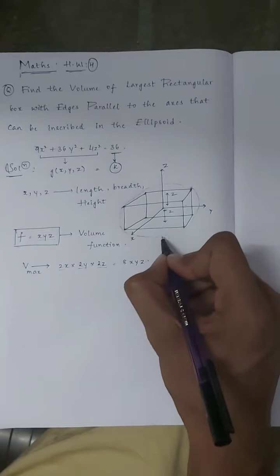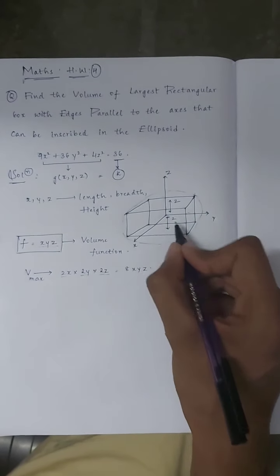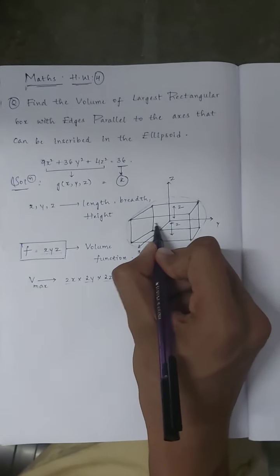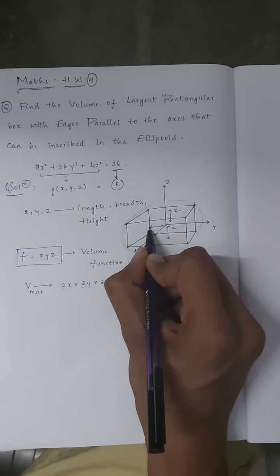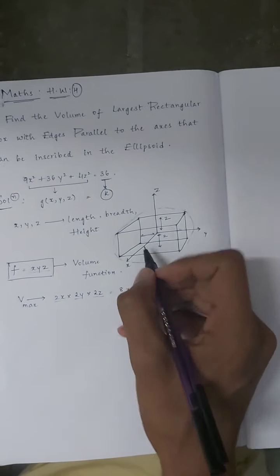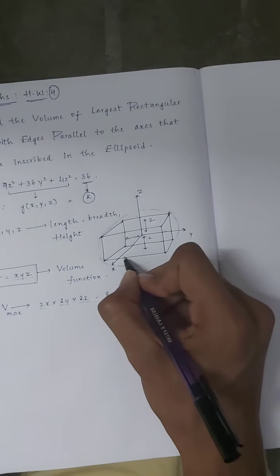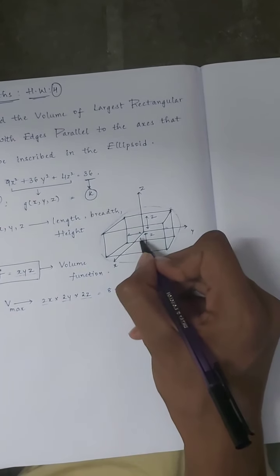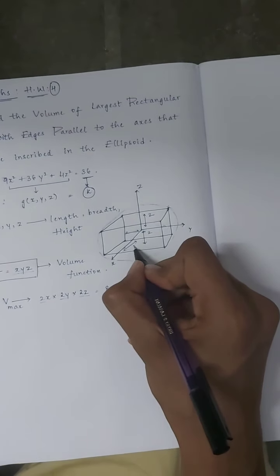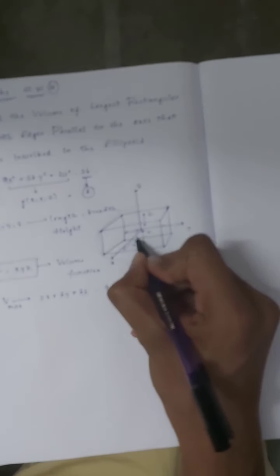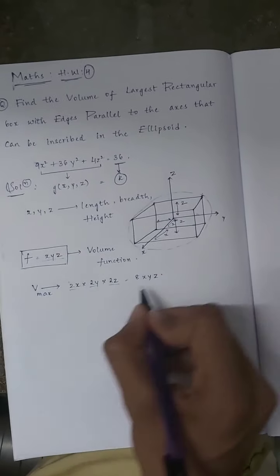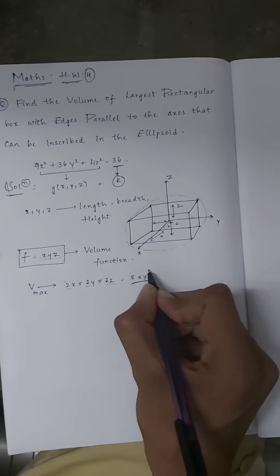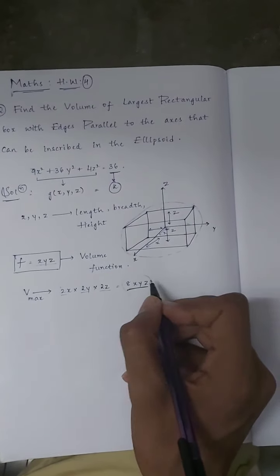I am not drawing the negative axis, but it would be equal in length. Similarly, in the y-axis, this would be minus y and this would be plus y. Both would be a total of 2y, and this is the length of x, and the same will be on the other side. This will be x, that will also be x. So the total length would be 2x. So they give the maximum volume as 8xyz.